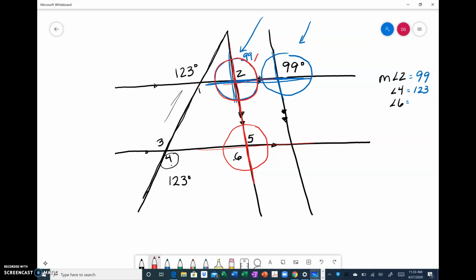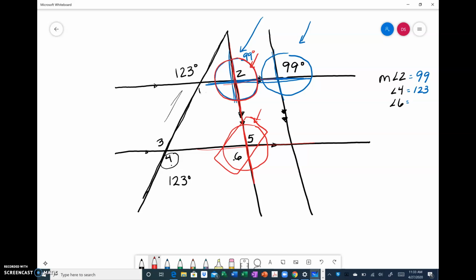So if the top right angle in the top intersection is 99 degrees, then the top right angle in the bottom intersection is going to be congruent. I'm not going to tell you the answer because that's an odd number. However, this angle 6 is vertical to angle 5, okay?